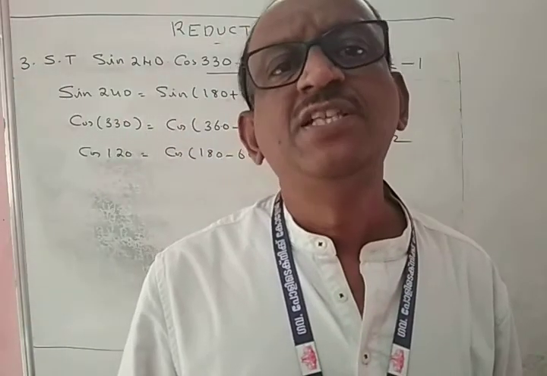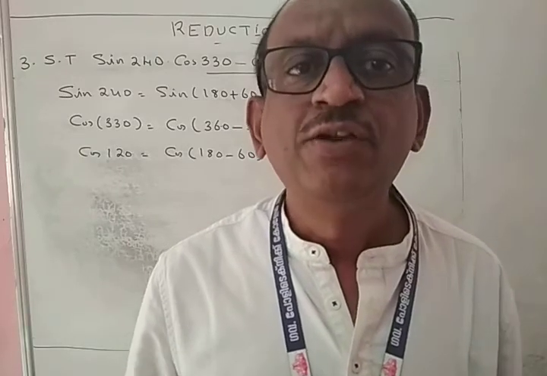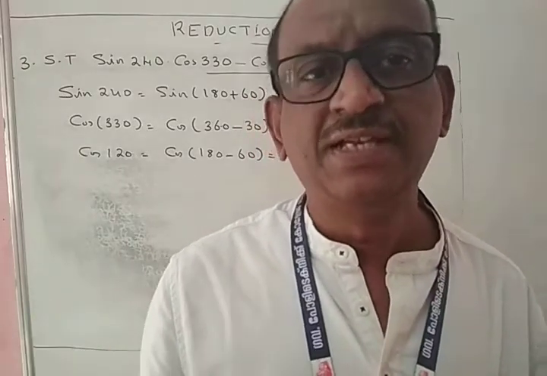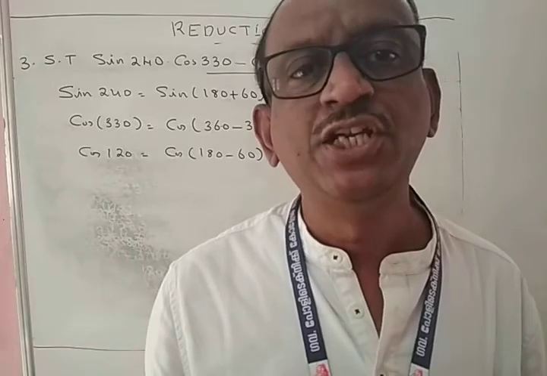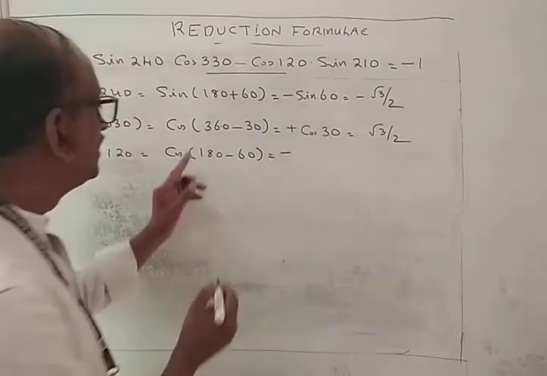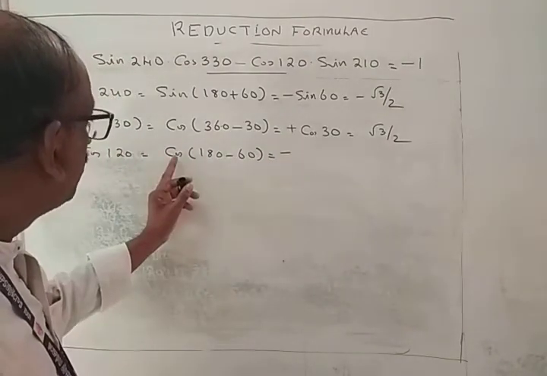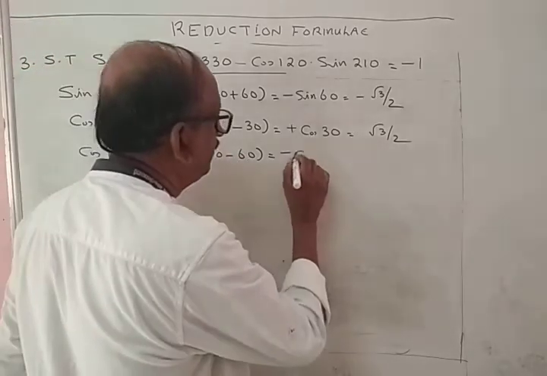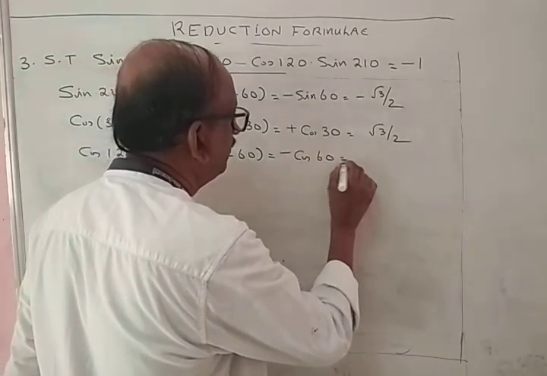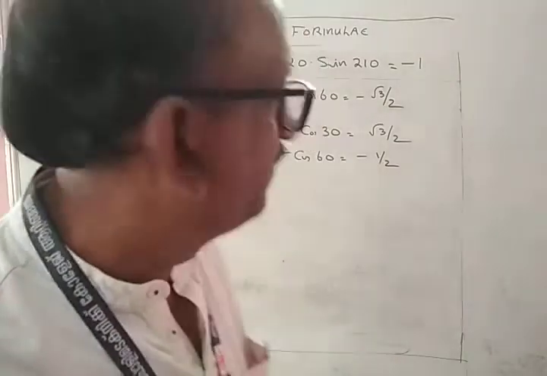Then 120 degree is the same as 180 minus 60 degree. Therefore, the quadrant is second. In the second quadrant, cosine is negative. Since this angle is 180 degree, the answer is cos 60. Cos 60 is 1 by 2.